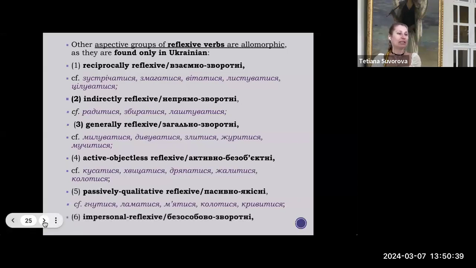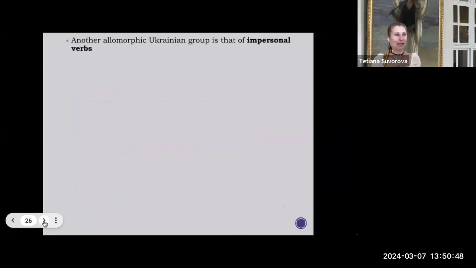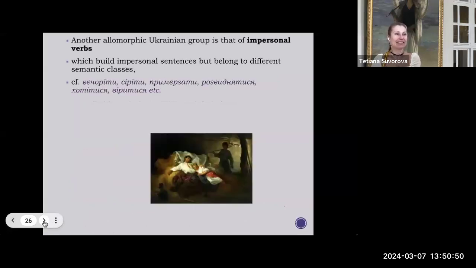Well, impersonal reflexive, безособово зворотні, не спиться, не їсться, не живеться, не лежиться. Well, a lot, yeah. And for example, we have in the Ukrainian language that allomorphic feature, now it's for sure, because these are impersonal verbs. Yes, in English, we don't have that. But okay, so that's peculiar to the English language.